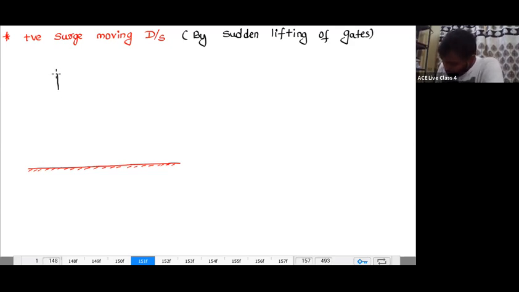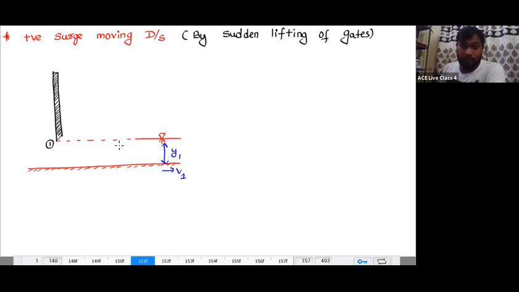This is a sluice gate. Initially, everywhere on the downstream side, you see the initial depth on the downstream is y1 and the velocity of flow is v1. The velocity of flow means on the downstream side. I am discussing only the downstream, not the upstream.